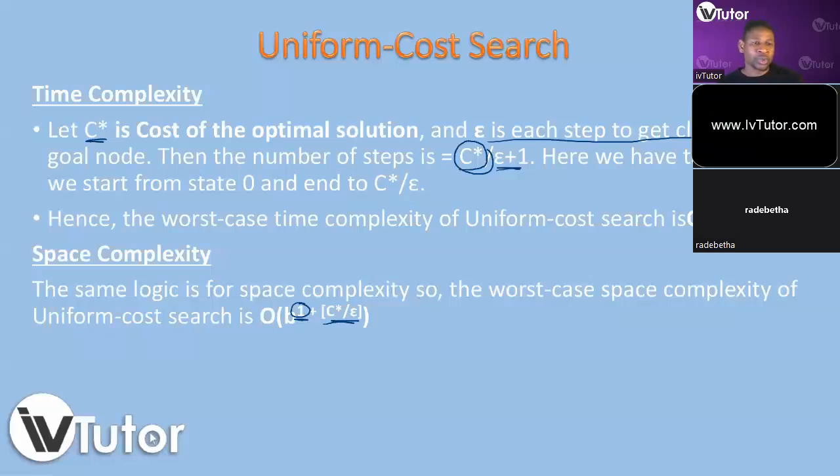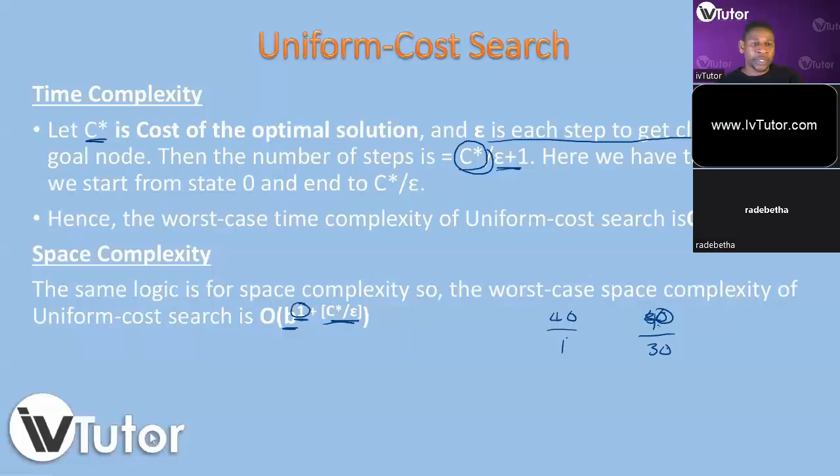So if you take 1 step, that is 40 from my previous example, you have 40 over 1. And if you have 40 over 30 steps, you're going to have a difference in the space complexity and the time complexity involved. All right.